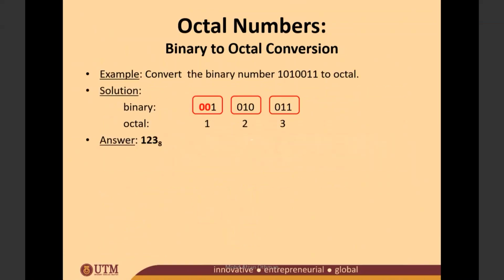Another example. Convert 1010011 ke octal. Sama juga. Dapatkan dulu least significant bit. Yang ni least significant bit, 1, 2, 3 buat satu group. 1, 2, 3 buat satu group.